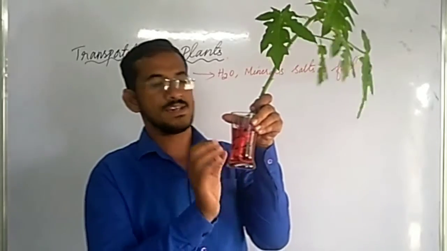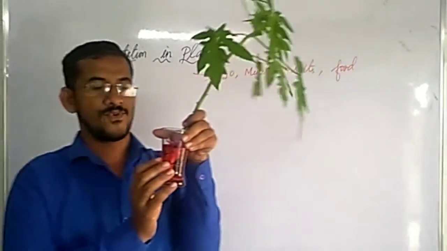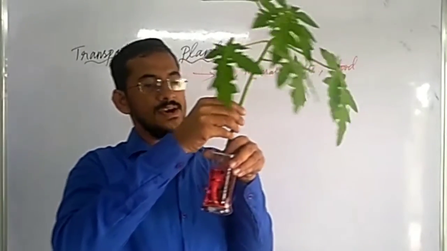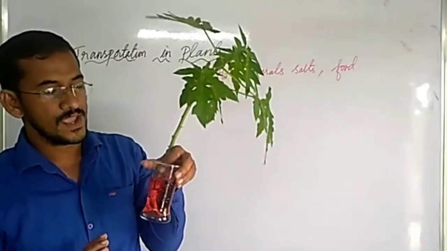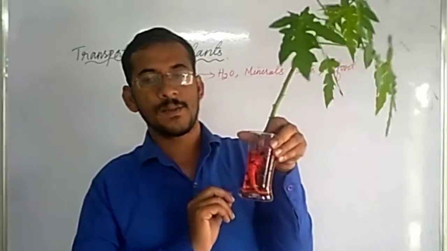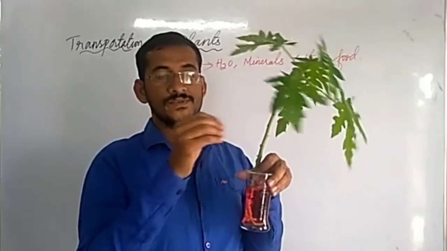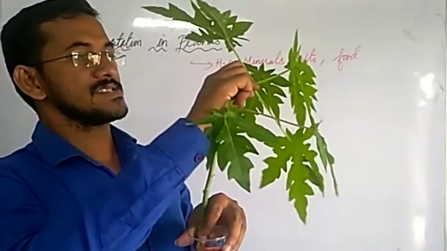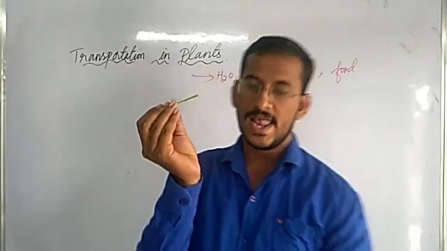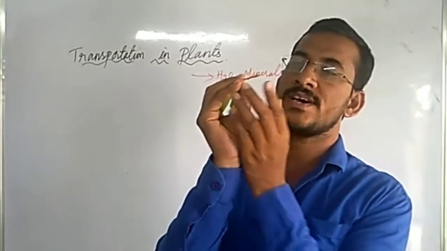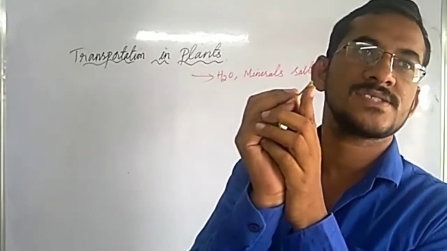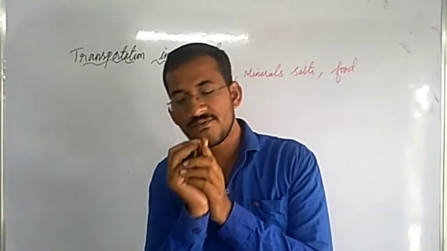I have taken a glass with colored water in it. Now I have kept the plant in it. After a few hours, if you dissect this, you will observe a colored fluid. Why is this colored?